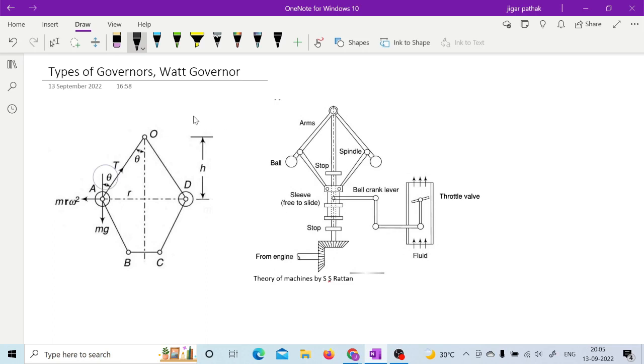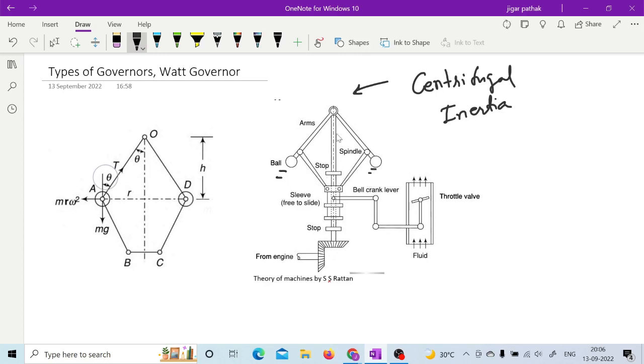So before going into this, the types of governor are generally given as centrifugal governor and inertia governor, right? So this is a centrifugal governor. If you see here, you are using these fly balls, right?